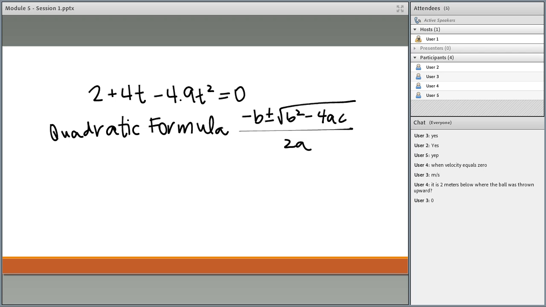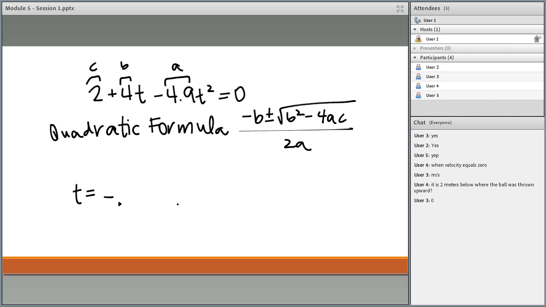And a, b, and c: a is the value in front of the squared term, so in this case negative 4.9. B is the value in front of the t term, and c is the value that's just the constant. So we can plug those into the quadratic formula, and we'll get 2 answers, which is pretty typical with quadratic equations. Not always, but pretty often they have 2 answers.